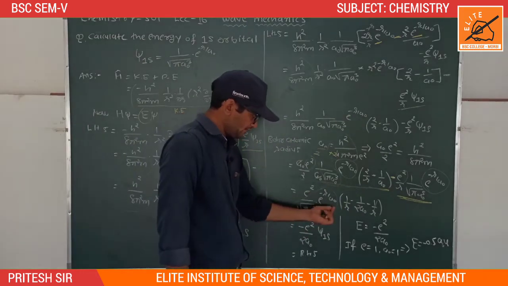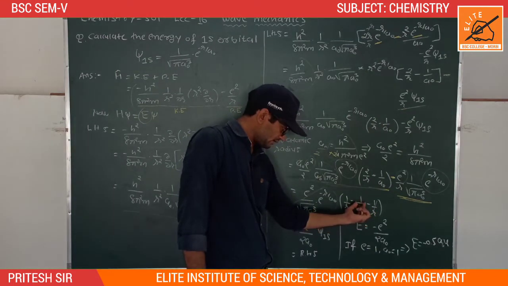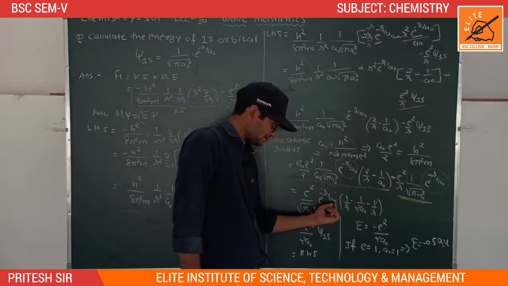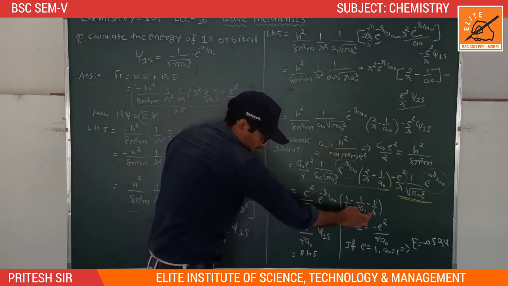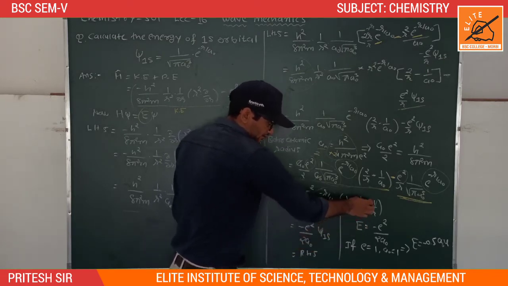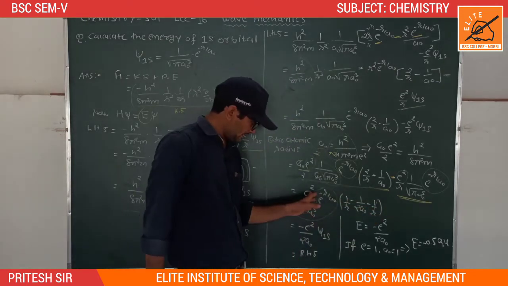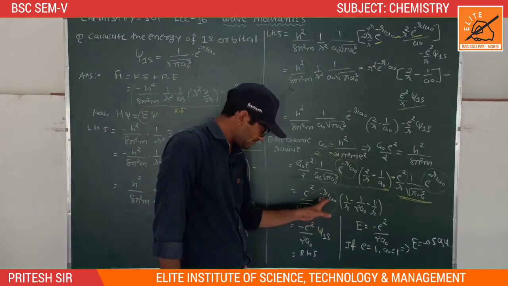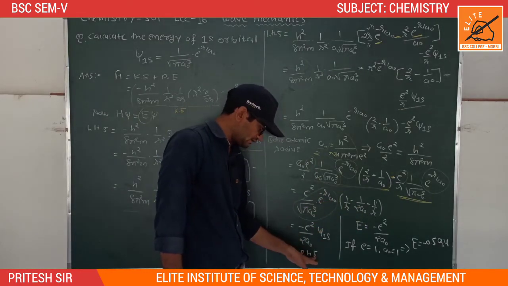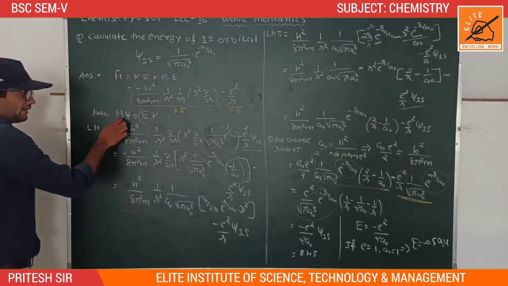So with e square, the remaining term is minus 1 upon 2a0. It multiplies with this, meaning minus e square upon 2a0, and this 1 by r and 1 by r cancel out. So the remaining term is minus e square upon 2a0, and the other term becomes psi 1s. So this is the right hand side, and the left hand side is psi.